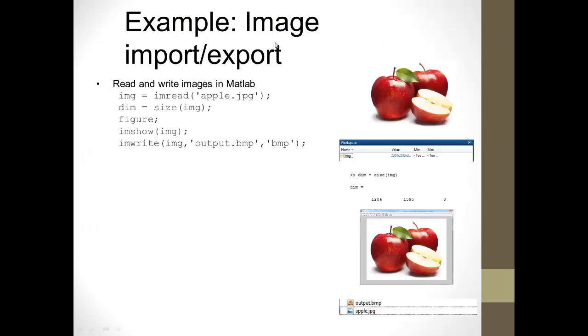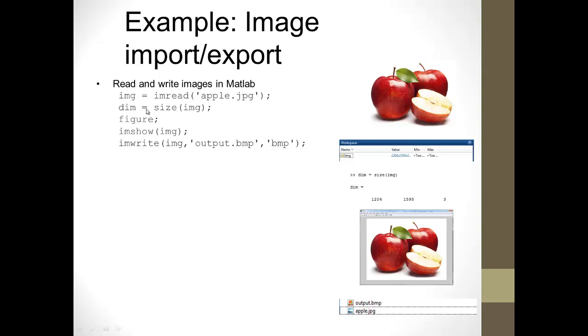Let's talk about some examples. First example, I want to use the image called Apple.jpg. First, let's review image read and write. We can use imread to read the pixel values of the Apple image into the image matrix.